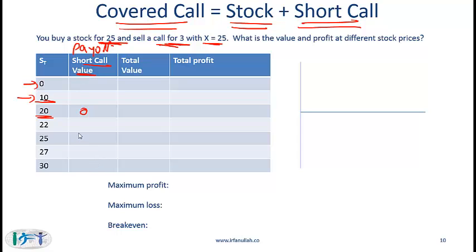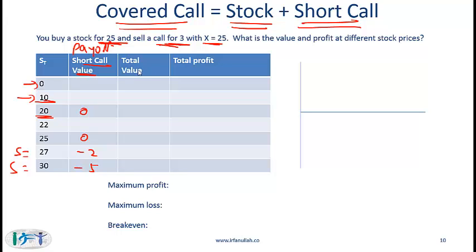If the stock ends up at 25 at expiration, then again the payoff is 0. But if the stock goes above 25, then it's in the money, it will be exercised, which means that the short call is going to lose. In the context of the short call, if the stock price is 25, then the payoff is going to be -2, and the payoff is going to be -5 if the stock price is 30.